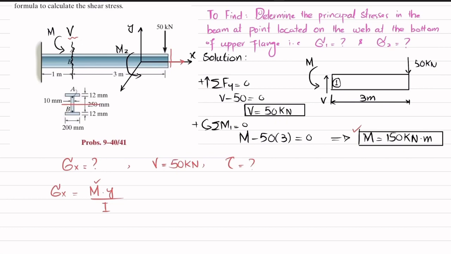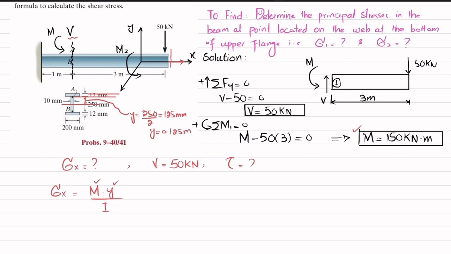So y is the distance from neutral axis till the point where point A lies. This distance is y, and this distance is equal to 250 millimeter divided by 2, which is equal to 125 millimeter, and in meter this y is 0.125 meter.